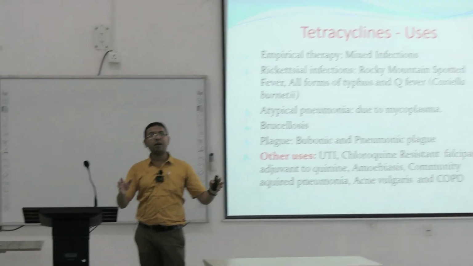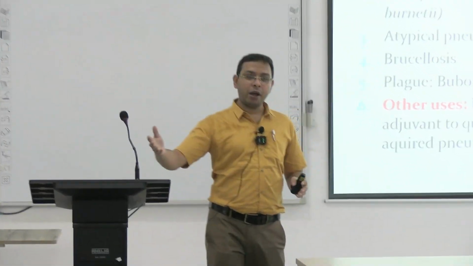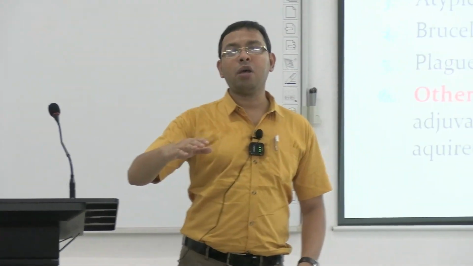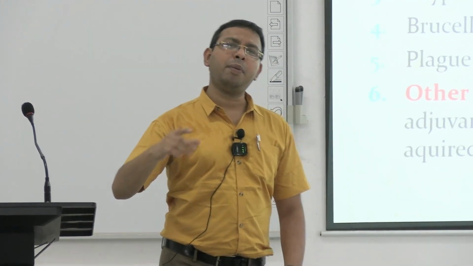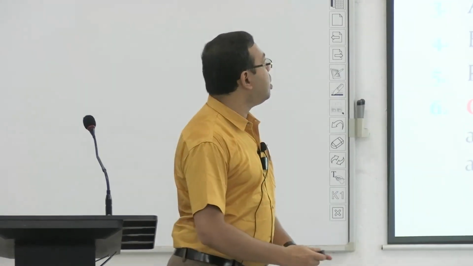So firstly we start broad spectrum antibiotics as empiric therapy. This is the common method of treating infections. First we don't know, so we use the broad spectrum ones, and then if we know the organism, we have to narrow down, because with broad spectrum there are always more chances of resistance. That is the main problem.